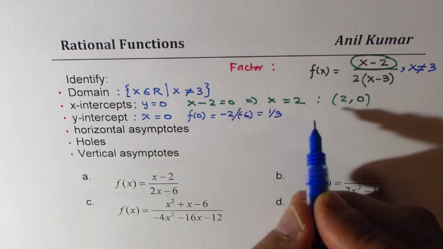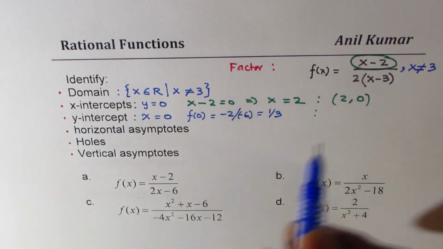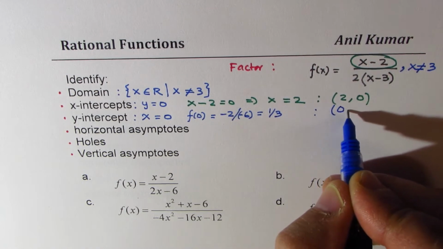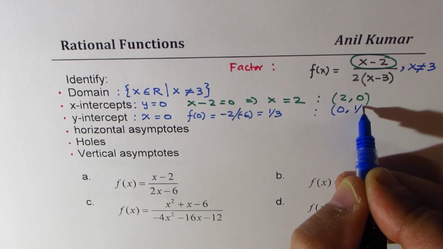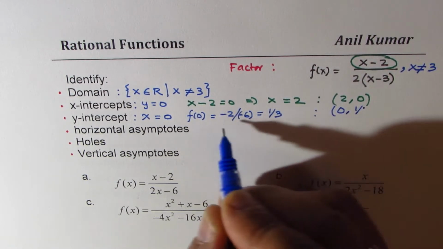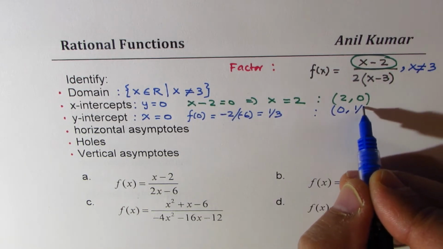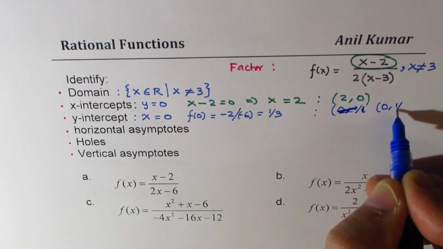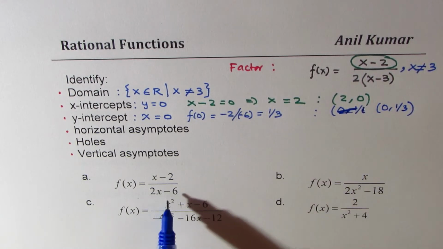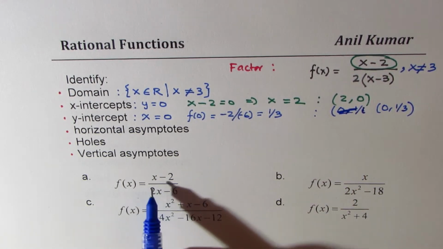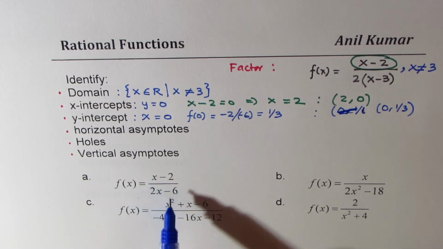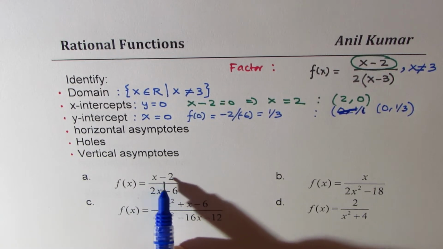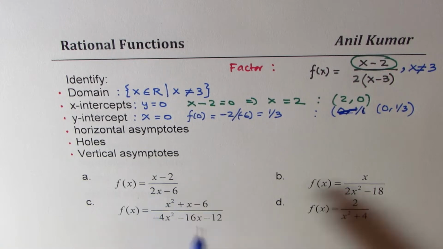So in this particular case, the y-intercept will be x is 0 and y is 1/3. If I put x as 0, I get minus 2 over minus 6. Minus minus cancel, you get 1 over 3.